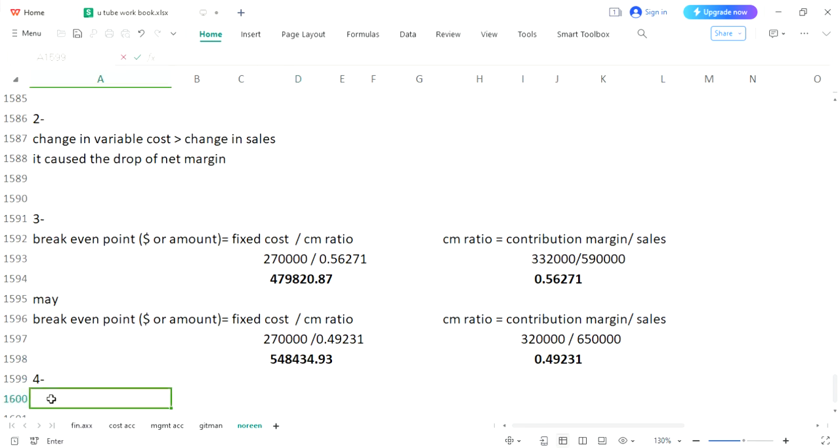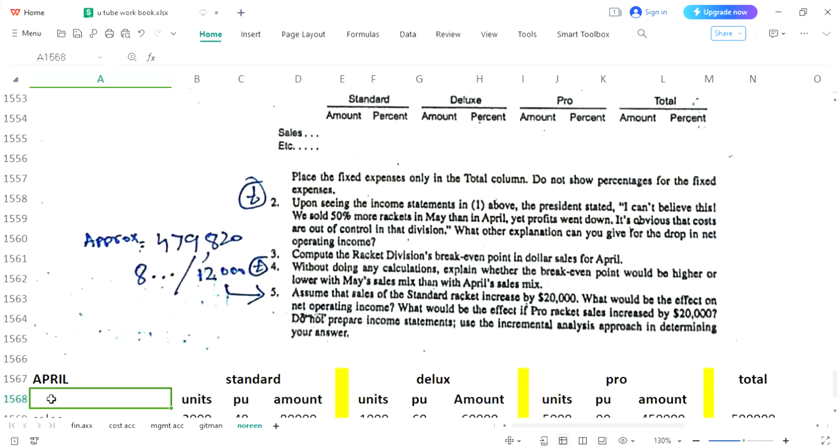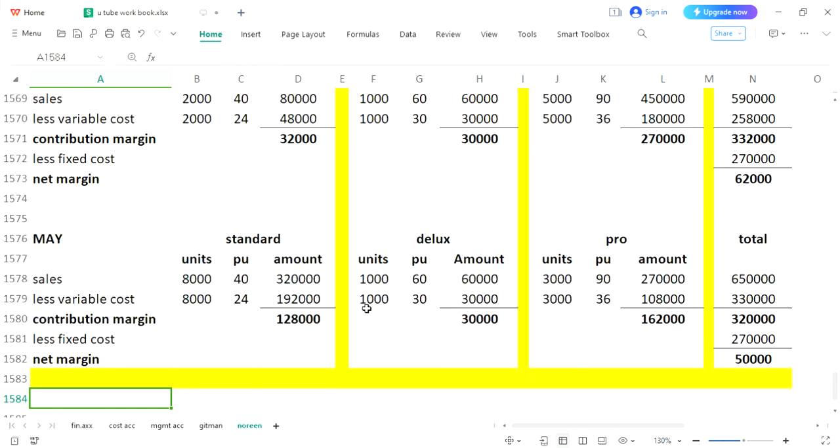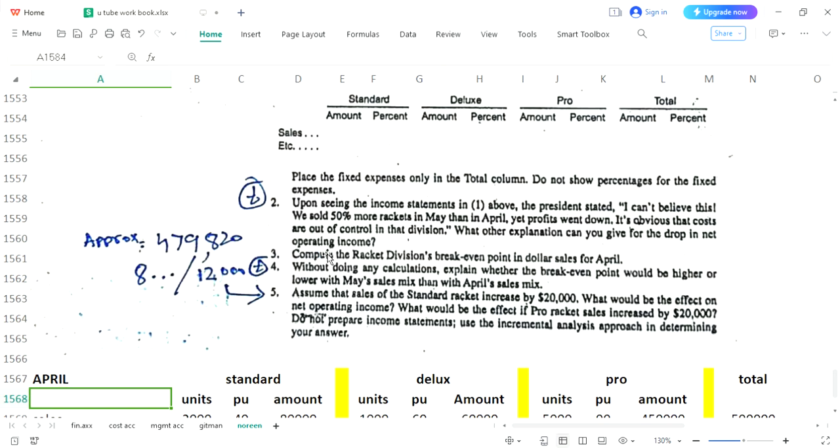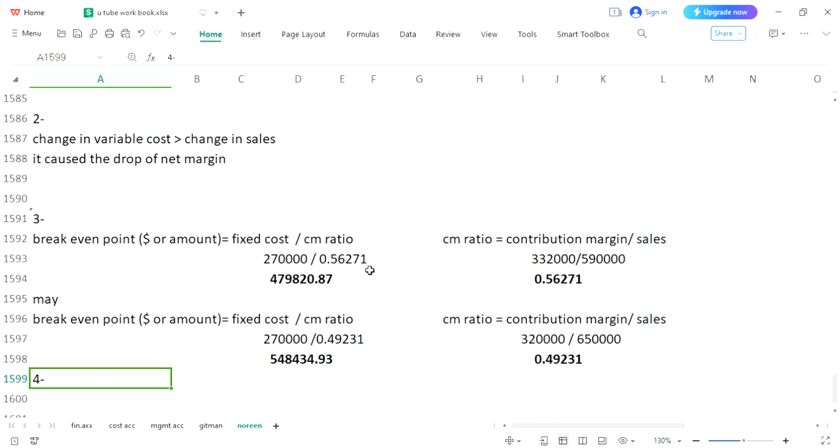We are now up to the fourth part and let's see what the fourth part is saying. Fourth part has been calculated. Break-even point is calculated. The fourth part was without calculations. So here without calculations we could have discussed for the month of May.